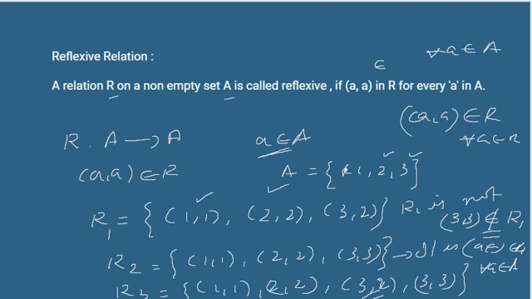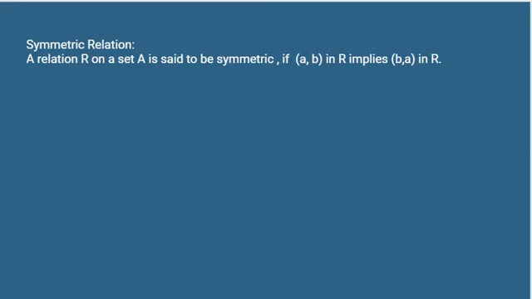Okay, moving on to the next topic, symmetric relation. Let us see the definition. A relation R on a non-empty set A is said to be symmetric if ordered pair (a, b) in R implies (b, a) in R. Look at this condition.